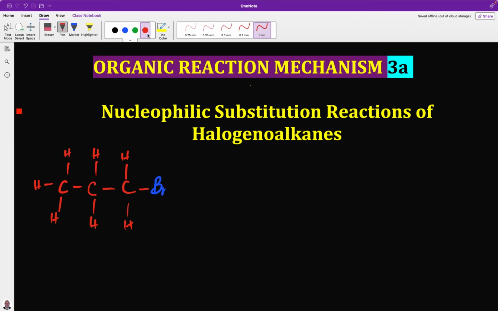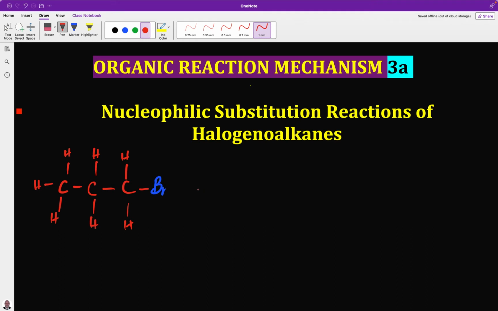Now, on the carbon atom holding the halogen, we have just one alkyl group there. This is an ethyl group that is attached there. In that case, this halogenoalkane is a primary halogenoalkane.